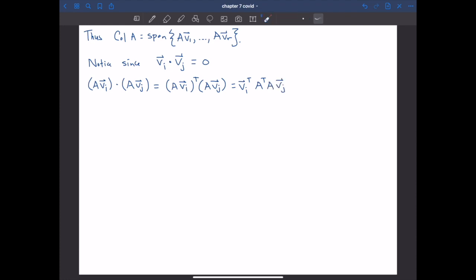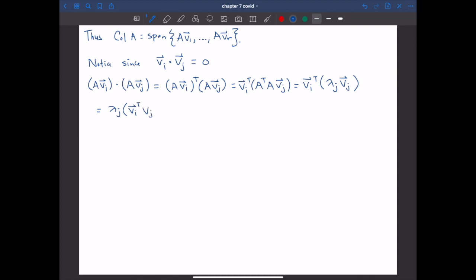Now remember, Vj is an eigenvector for the matrix A transpose A. So since Vj is an eigenvector for A transpose A, this matrix product here is just equal to lambda j times Vj. And what I can do is pull the lambda j out front.